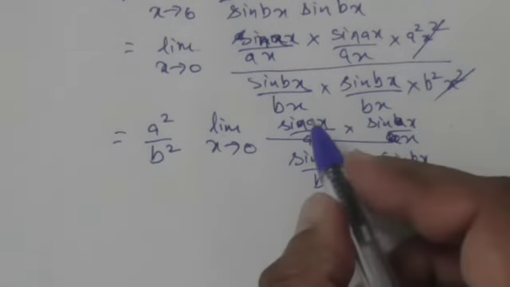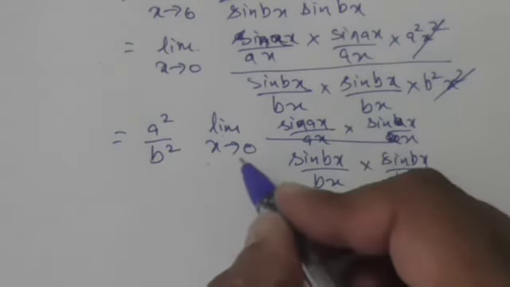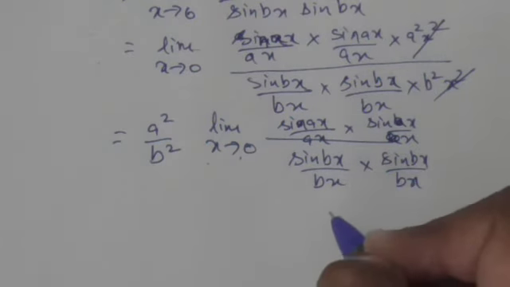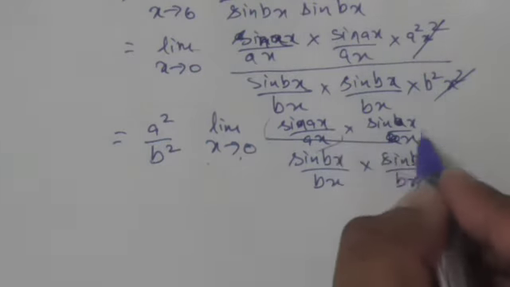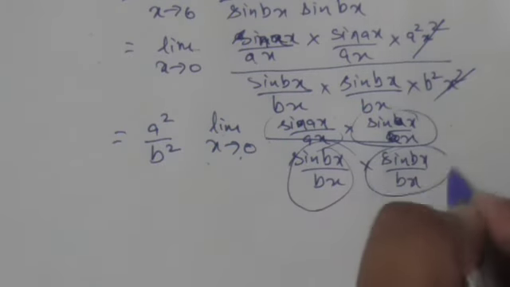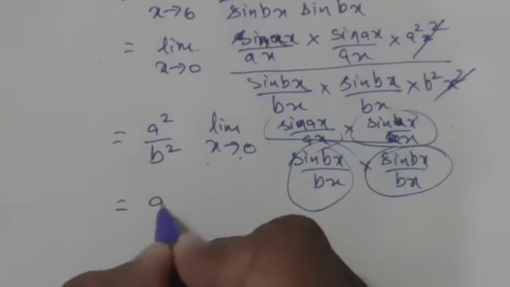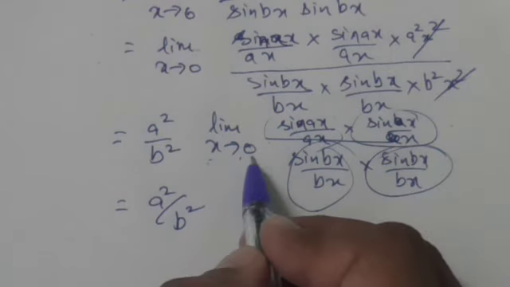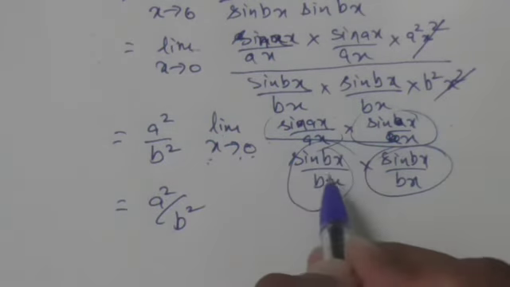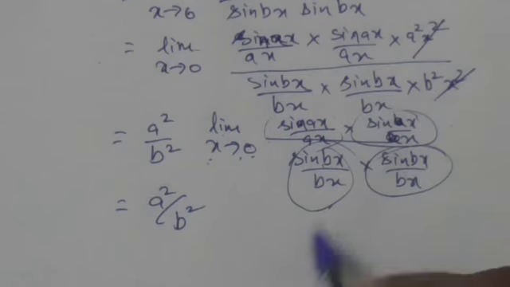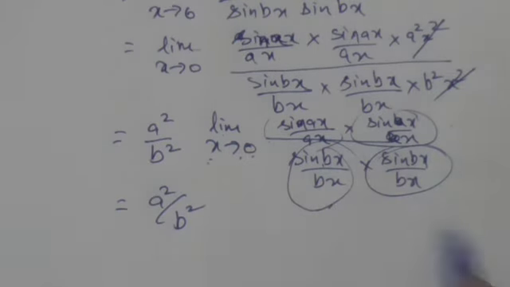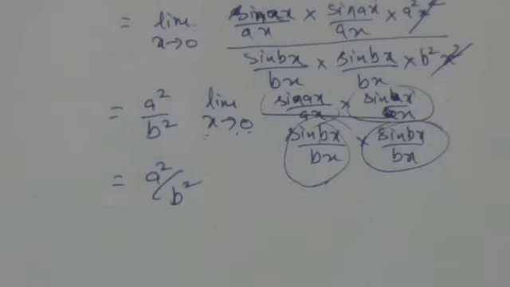So as x tends to 0, therefore ax will also tend to 0 and bx will also tend to 0. So these expressions will become 1. So I will have a square upon b square, right? Now let us solve another simple question which is similar to this one.